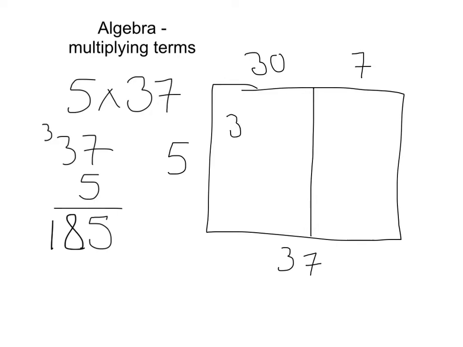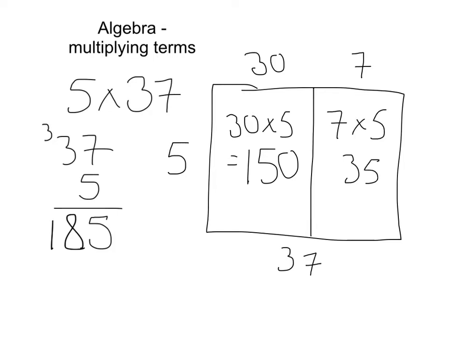This is 30 by 5, which is equal to, well, 5 3s are 15 and the 0, so that's 150. And this is 7 by 5, which is equal to 35. And we can add these two numbers together to get 185. So 185 was our answer.